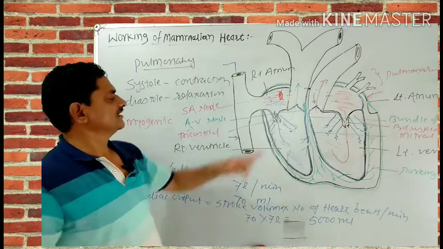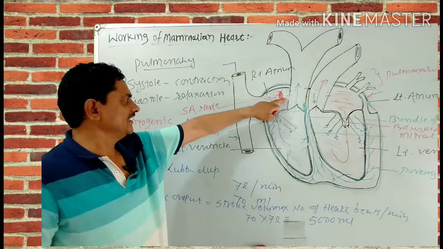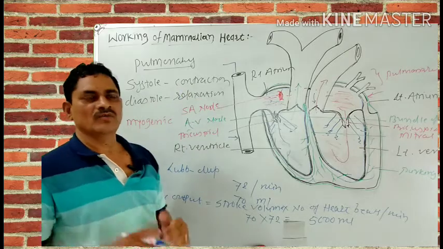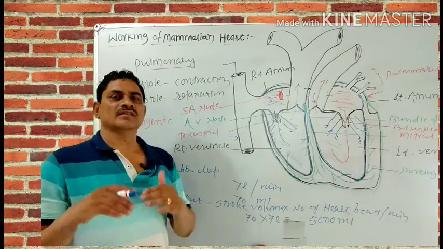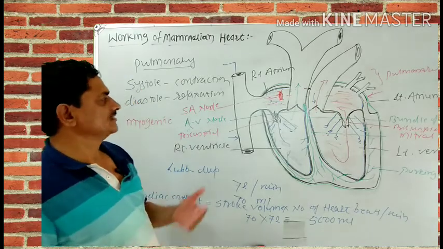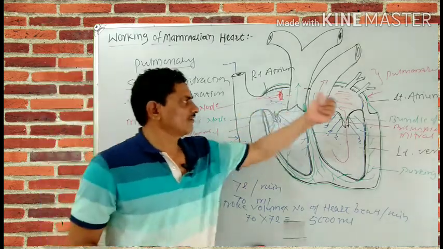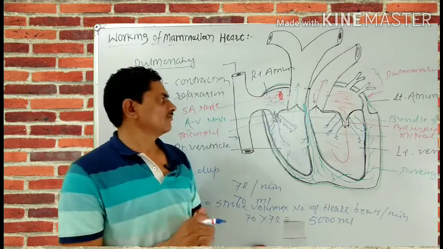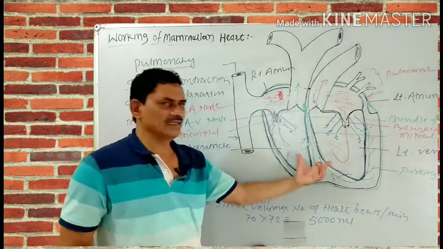One is present in the right atrium, called the sino-auricular node, which is responsible for the initiation of a wave of contraction, which causes the contraction of both atria. Therefore, the blood drains into the ventricles.